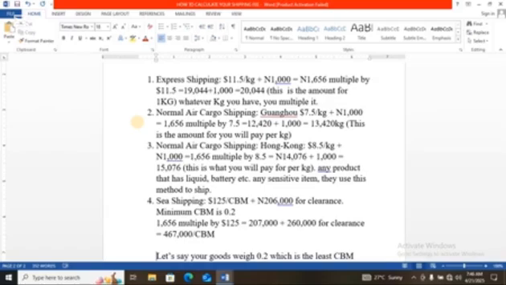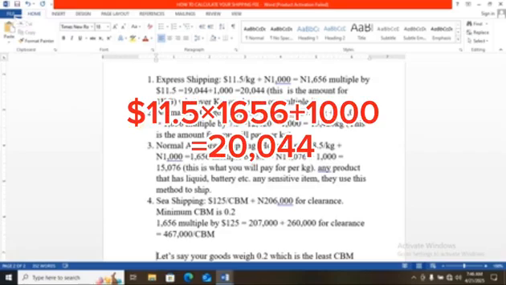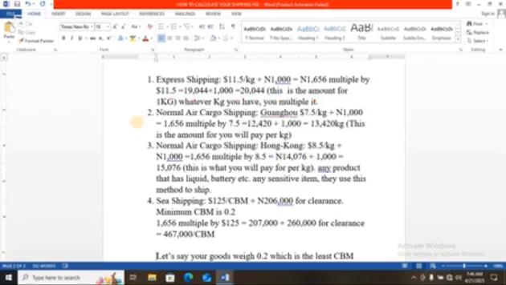Now what we need to do is, because the shipping company has given us their dollar exchange rate, which is 1,656, what you are going to do is to multiply it by 11.5, because that is the amount you pay per kg, which is 19,044.